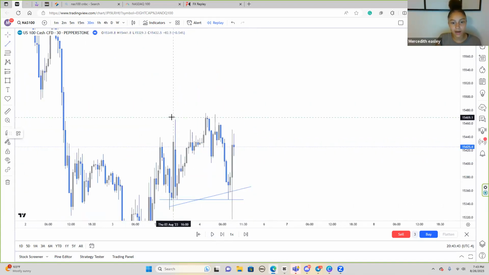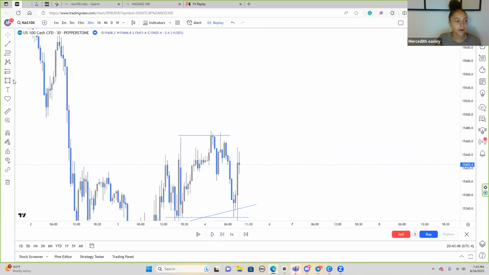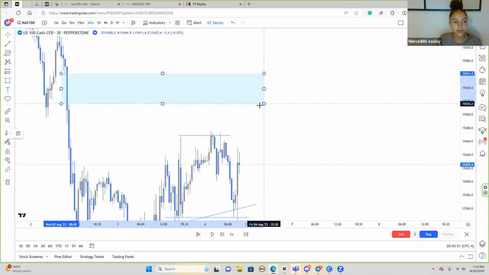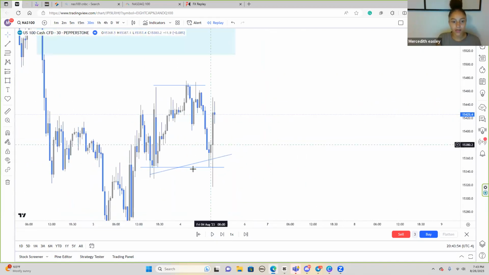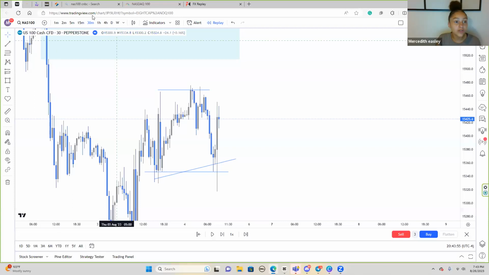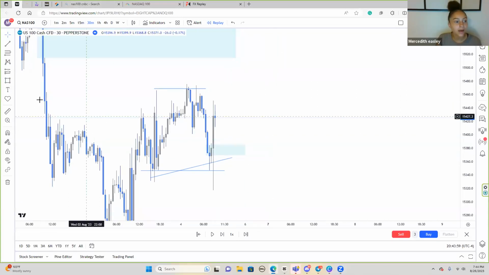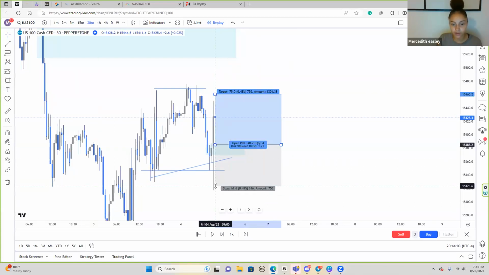And I also see that buyers have now been stopped multiple times in this area. I also see that there is imbalance to fill above. So based on all of these confluences, I'm going to be looking to buy because there's so much imbalance to fill.